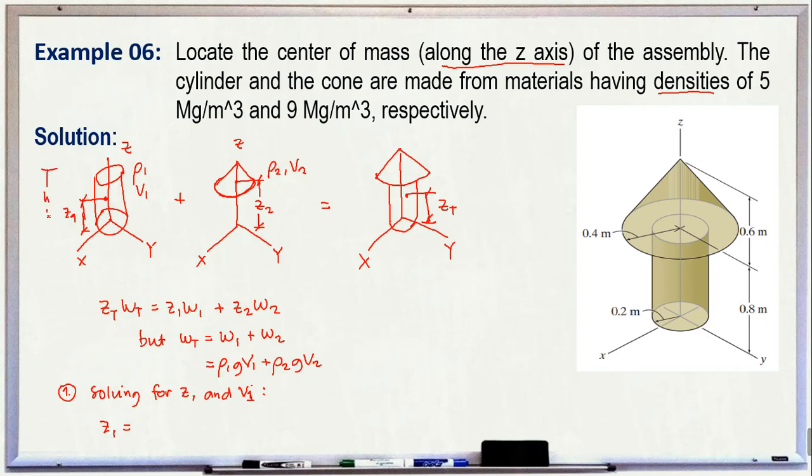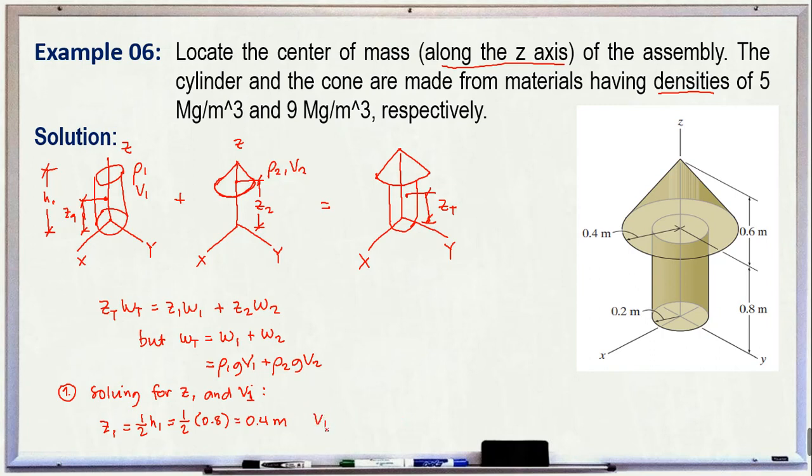This is the height of the cylinder. So Z1 is just equal to 1/2 of the height. That is equal to 1/2, and our given height is 0.8 meters. That is equal to 0.4 meters. We already have a value for our Z1.